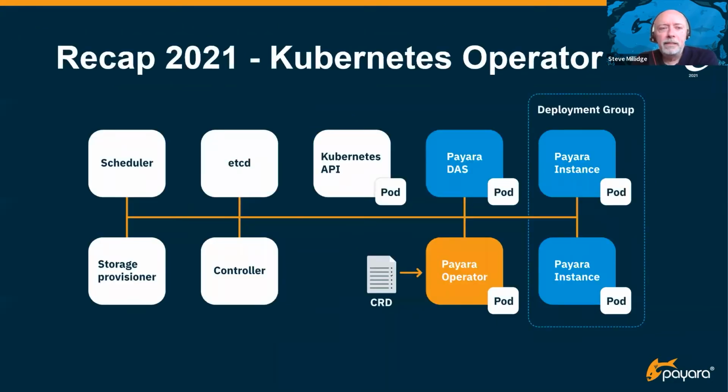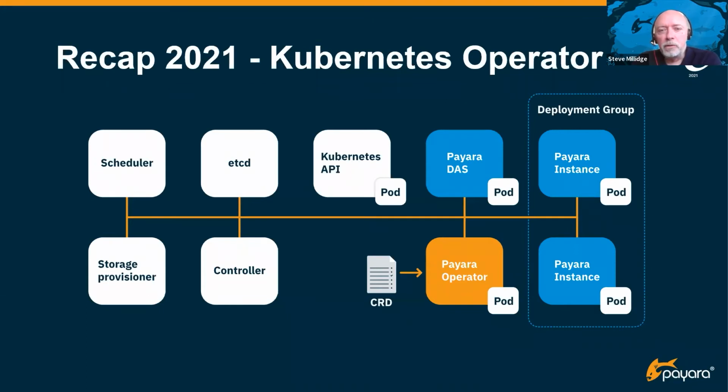Second thing we did related to the same sort of topic is we also released a Kubernetes operator. What that does, it sits there and can take in CRD documents and build out a domain and a deployment group and deploy it onto Kubernetes, and can work with the Kubernetes API to add and configure and roll out a full Payara domain onto Kubernetes.